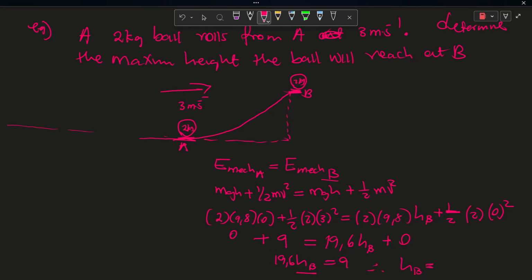You are going to say 9 divided by 19.6. So you are going to get 0,46 meters. You see? That is how you answer these questions using the conservation of mechanical energy.